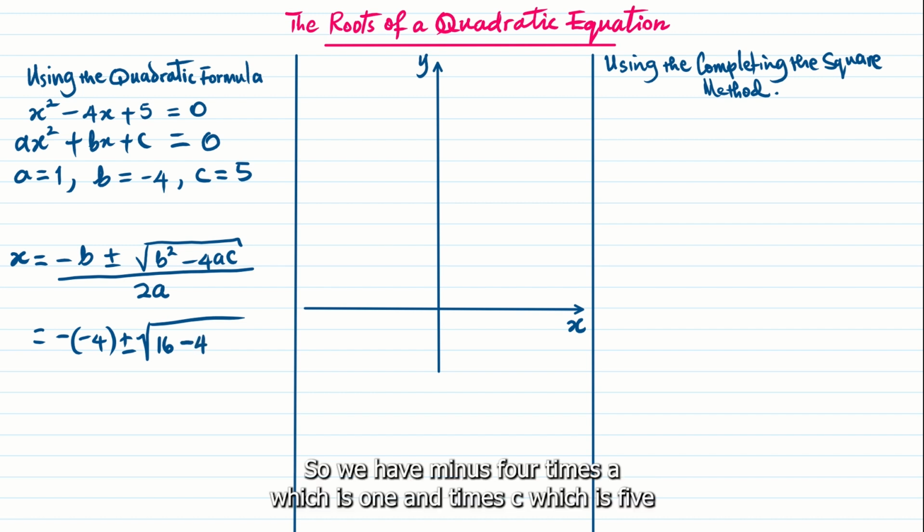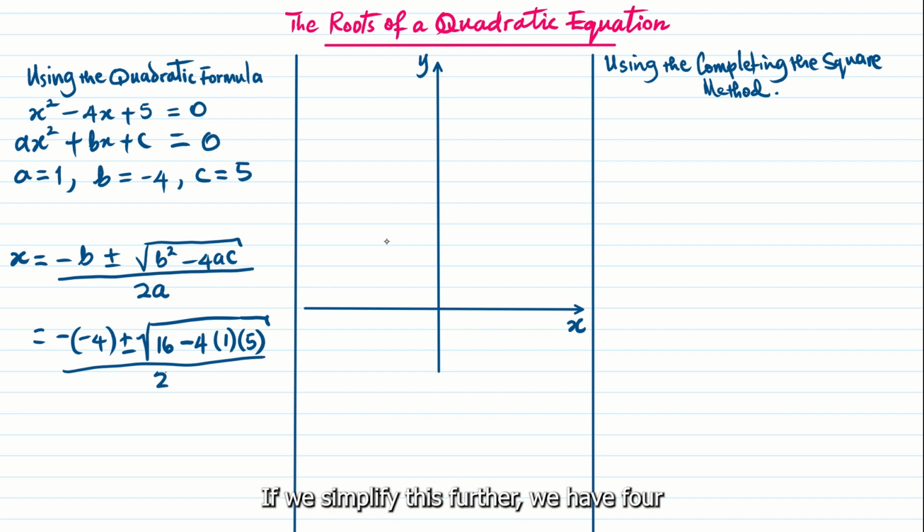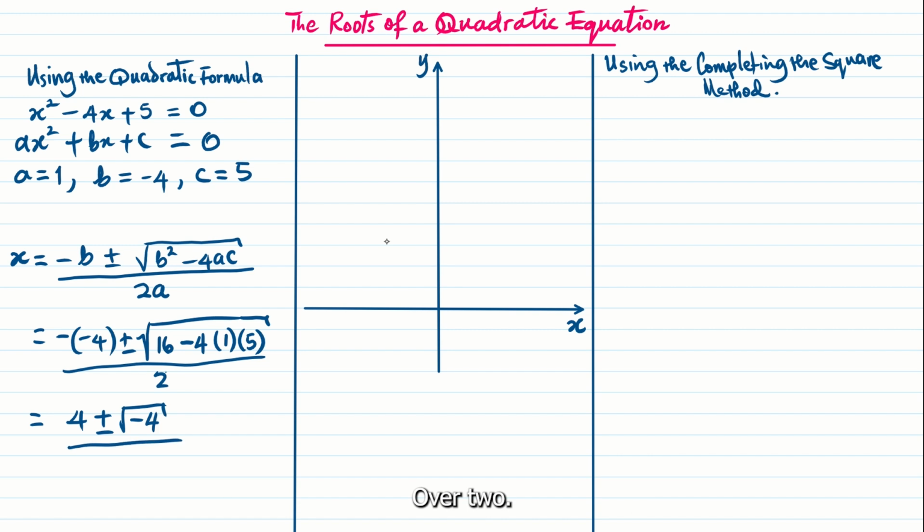So you have minus 4 times a, which is 1, and times c, which is 5. Okay, all over 2a, which will be 2 times 1, and that is 2. If we simplify this further, we have 4 plus or minus the square root of 16 minus 20, that's minus 4, over 2. All right, and as you can see, this cannot be solved.